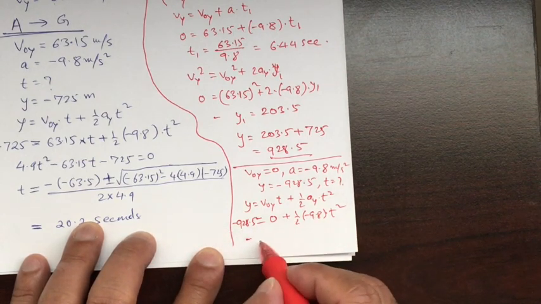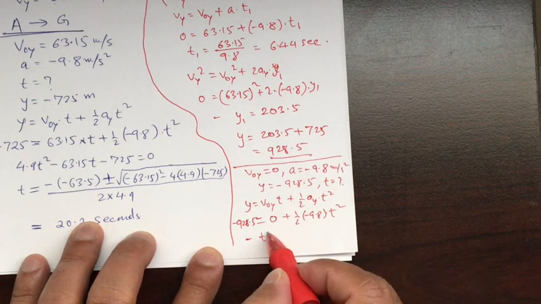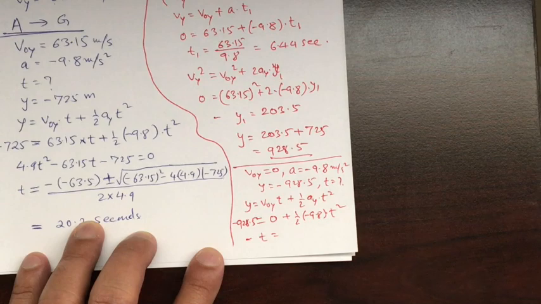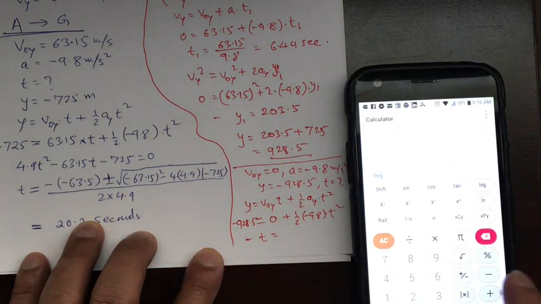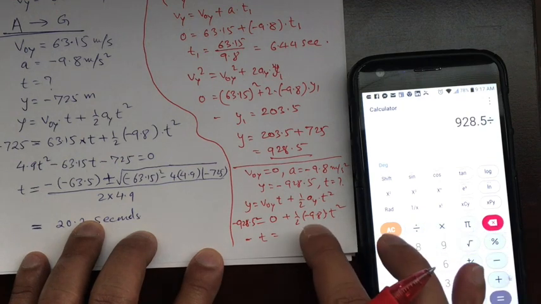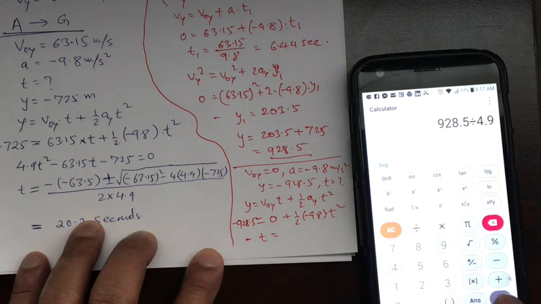So basically your time is t equals 928.5 divided by 4.9, which is 189 something.